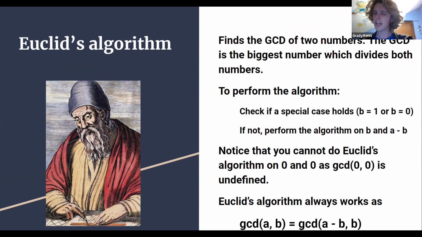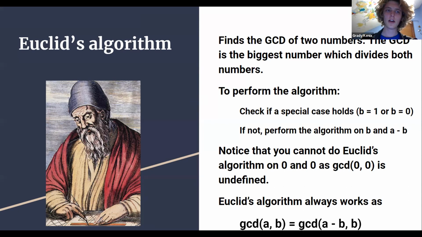And I feel like this would actually be a lot better explained with a couple of examples. So to perform the algorithm, what we do is we check first up if, so wait, sorry. Getting ahead of myself. So the way it works is we take two numbers, A and B, and we want to find the GCD of them both.